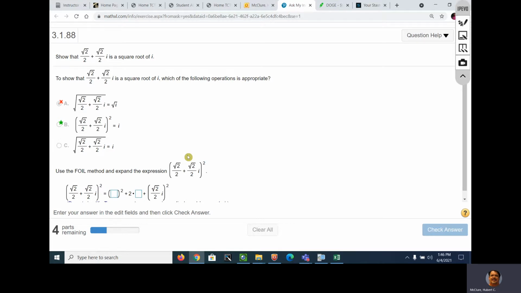First thing I'm going to do is square both sides because I want to get rid of the radical.